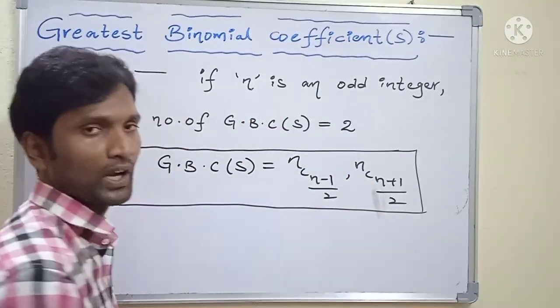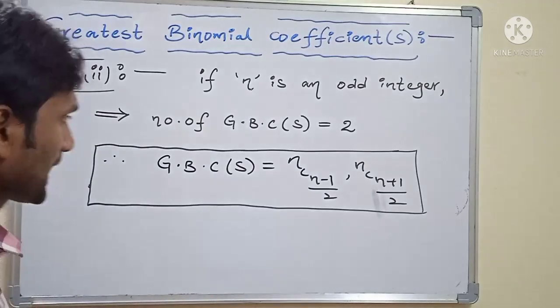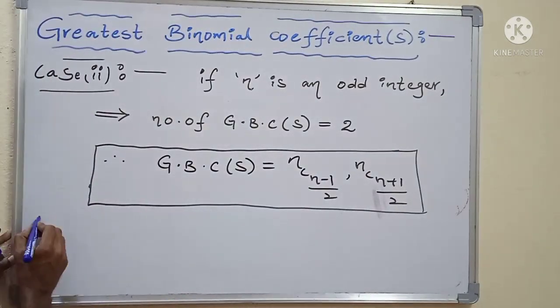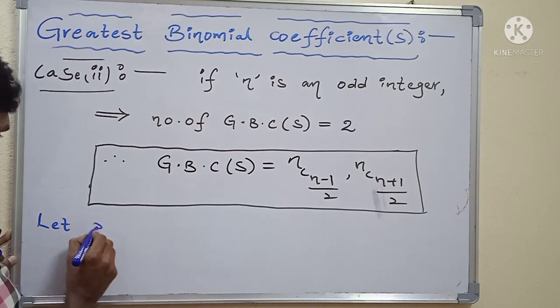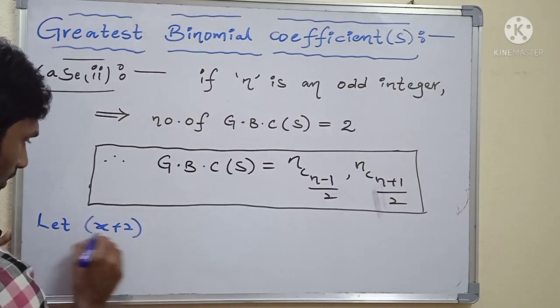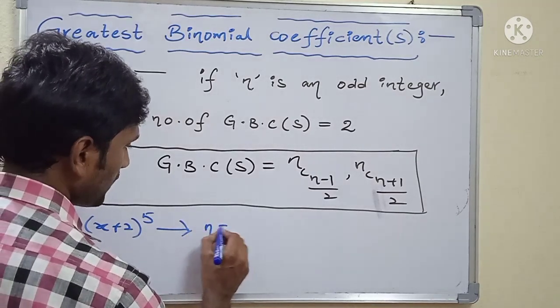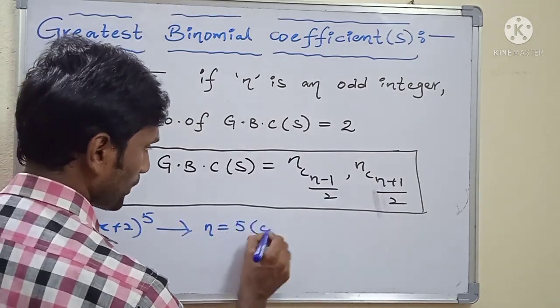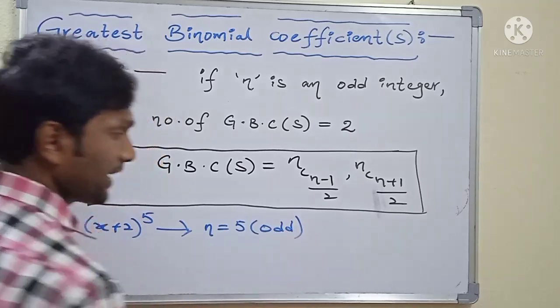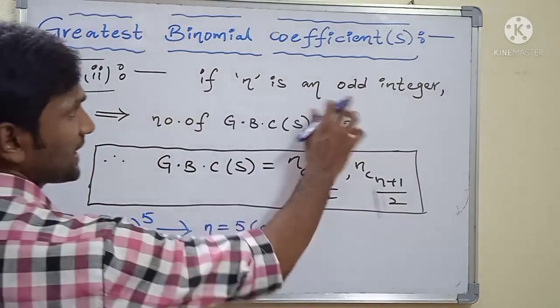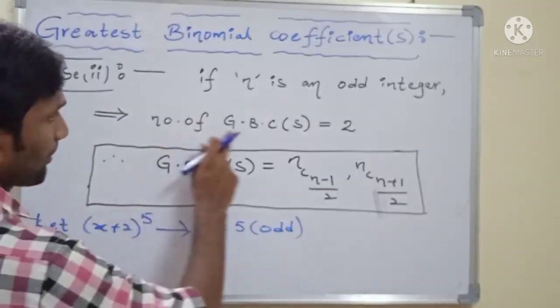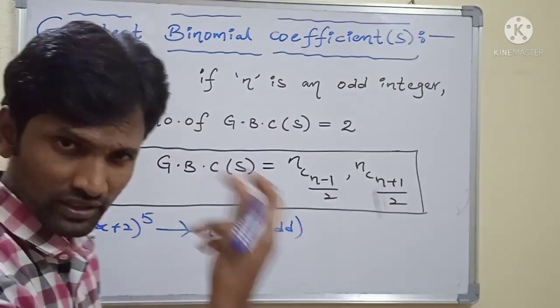To understand this formula, take the binomial expansion (x + 2)^5, where the value of n is 5. 5 means it is an odd integer. In case n is an odd integer, the number of greatest binomial coefficients equals 2.